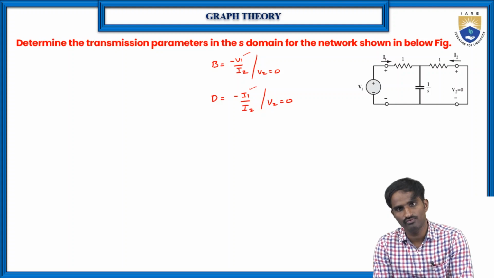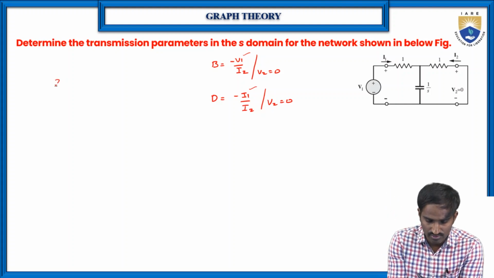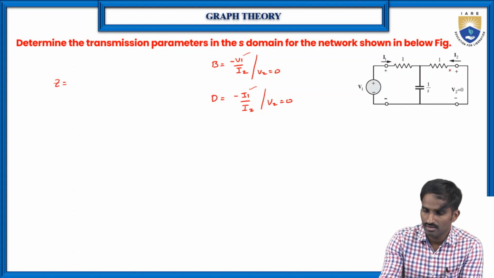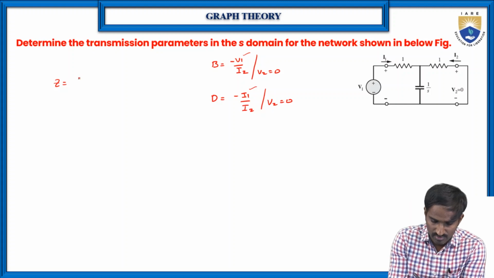So I1 is equal to V by Z, because of the total impedance. So first let me find Z. Here Z is equal to, the 1 and 1 plus S are both in parallel, and that combination is in series with the 1 ohm resistor. So this will become 1 plus 1 by S into 1 by S plus 1.